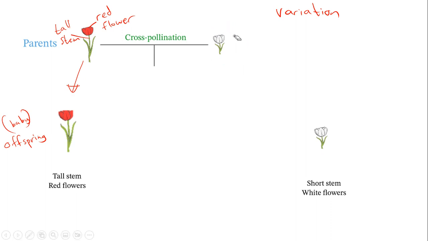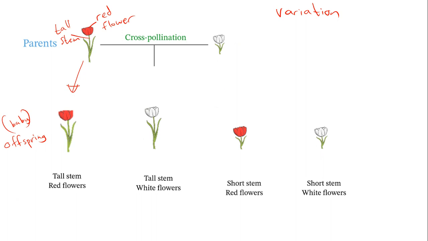Or what if it's a mix of the two? It could be tall but white, or it could be short and red. And this is how variations happen. They happen because plants mix. So they are from the same family, but they have small differences.